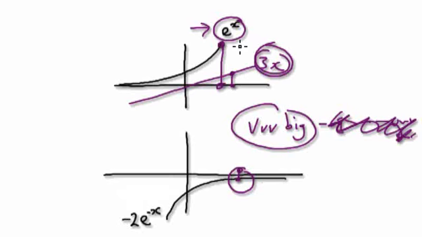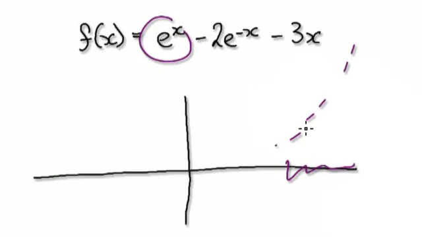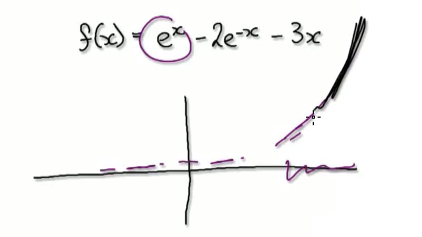The point I'm trying to make is that when x is very, very big, e to the power of x will dominate. So your graph will look something like this. Around this region here, it will do this. We're going to guess it will do something like this when x is big.